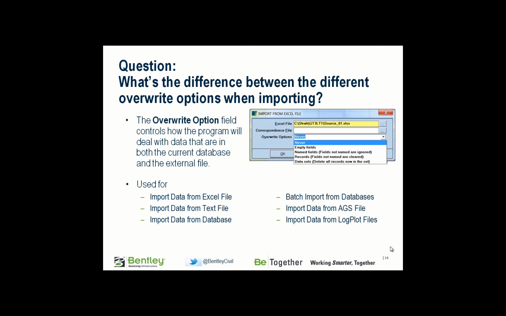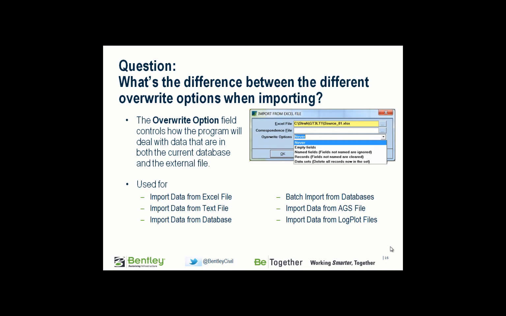Some of them are importing data from an Excel file. This is a very common question, as well as from a text file. For example, some CPT data, cone penetration test data, is often collected in a text format, so that can also be imported in gINT, and we strongly suggest doing that.